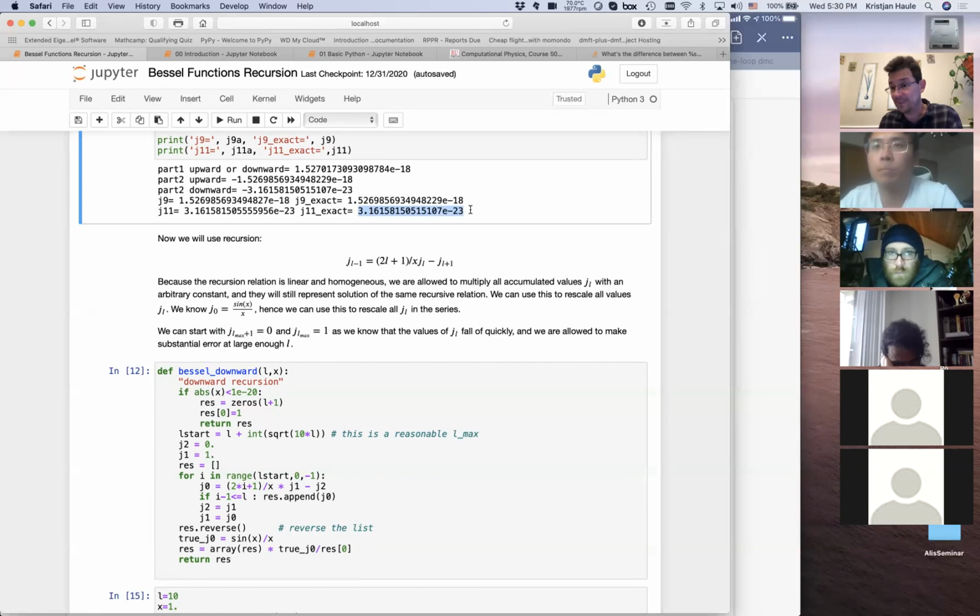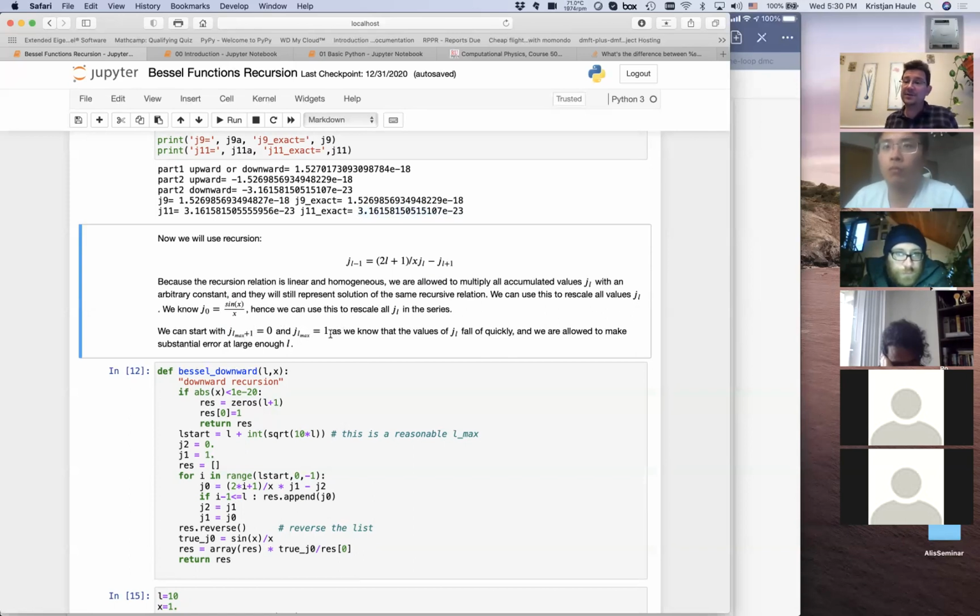It's fine. So we set the last value to 0, but then the previous value can be set to an arbitrary finite number. It doesn't matter what it is.